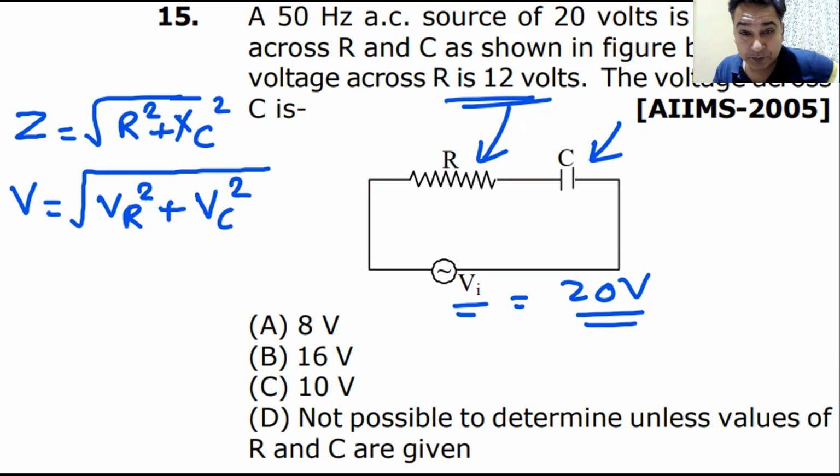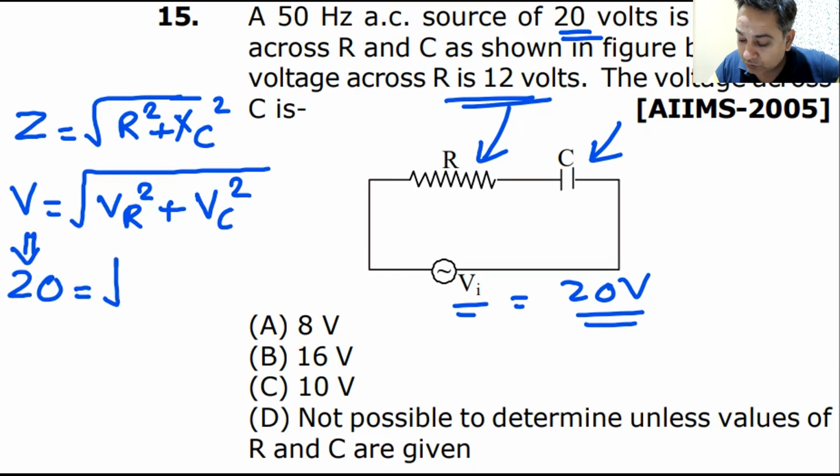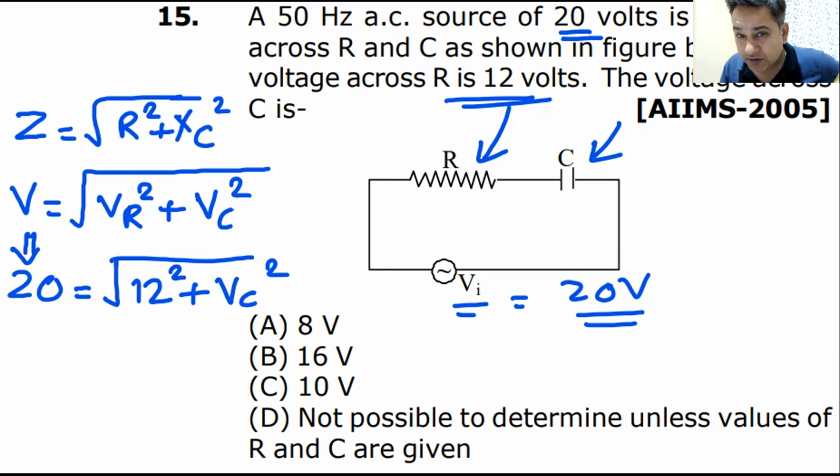Now I told you about Pythagorean triplets. Total voltage is 20, which is equal to under root of VR square, 12 square, plus VC square. Remember, Pythagorean triplets. 3, 4 and 5 are Pythagorean triplets.